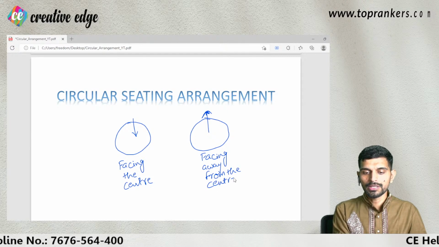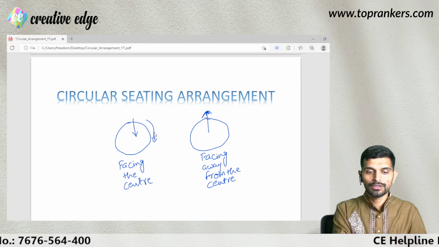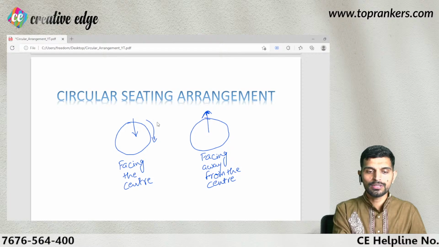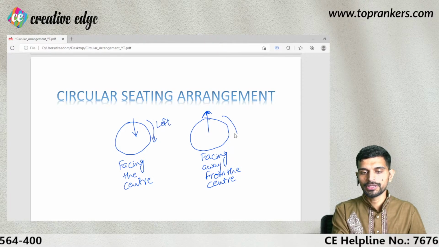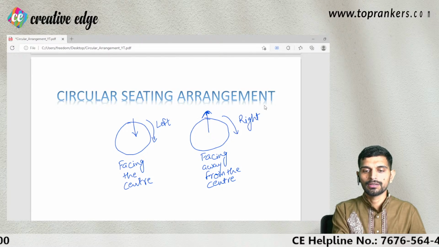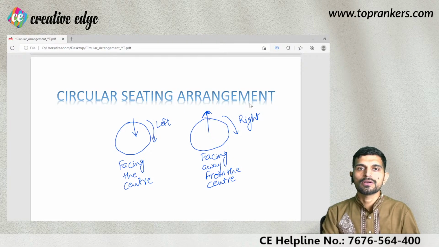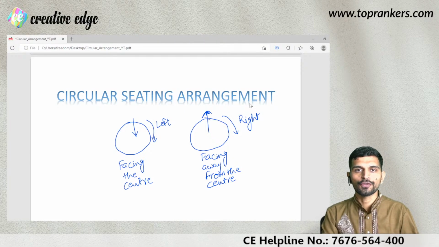So what is the major difference? The major difference is of left and right. Whenever you are facing the center and moving clockwise, you are moving towards your left. And whenever you are facing away from the center and you are moving clockwise, you are moving towards your right. That's the basic difference between facing the center and facing away from the center.